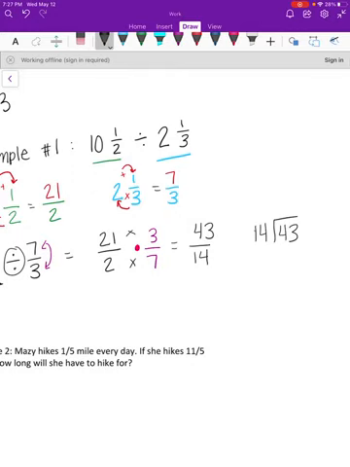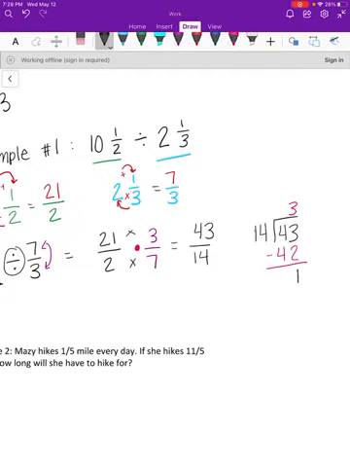Let's see, 14 times 2 is 28. 14 times 3 is 42. Okay, so it goes in 3 times. 3 times 14 is 42. And 43 minus 42 is 1.